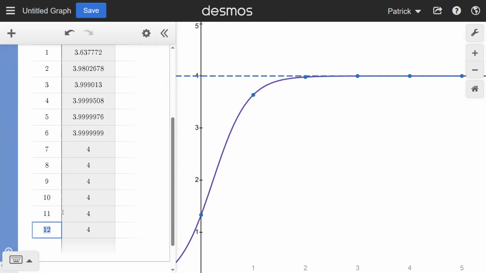Now, once you get past 6, notice the y value is 4, but not really. We've just exceeded the number of decimal places that Desmos rounds to, and so it rounds it to exactly 4. But it's actually like 3.999999999 and so forth. It never actually hits 4. It just adds more nines to the decimal.